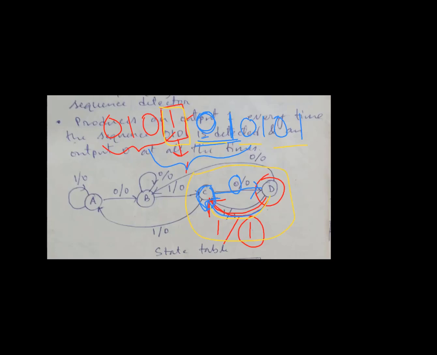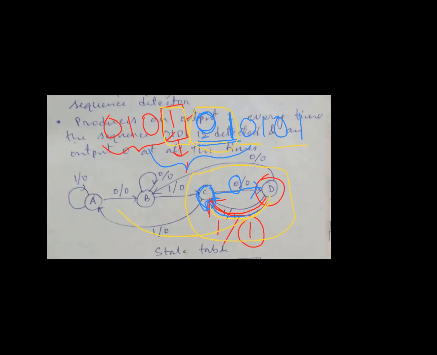But if you go back to A, it will repeat the sequence, but only from the initial state, from 0 1 0 1. But simply we need 0 1 to get back the sequence. That's why we go back to C.